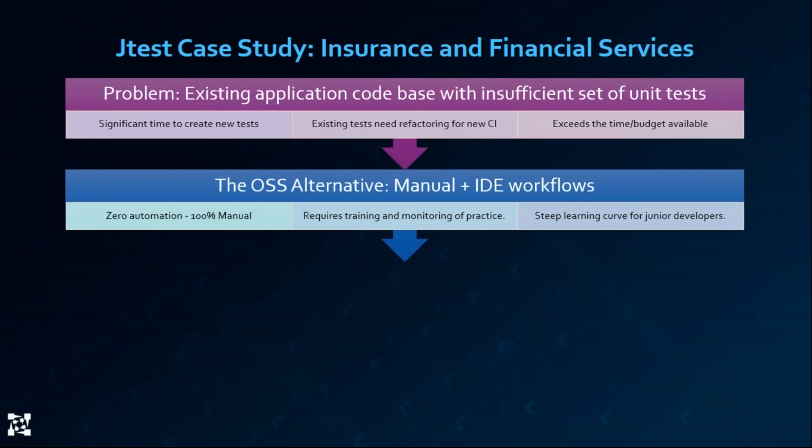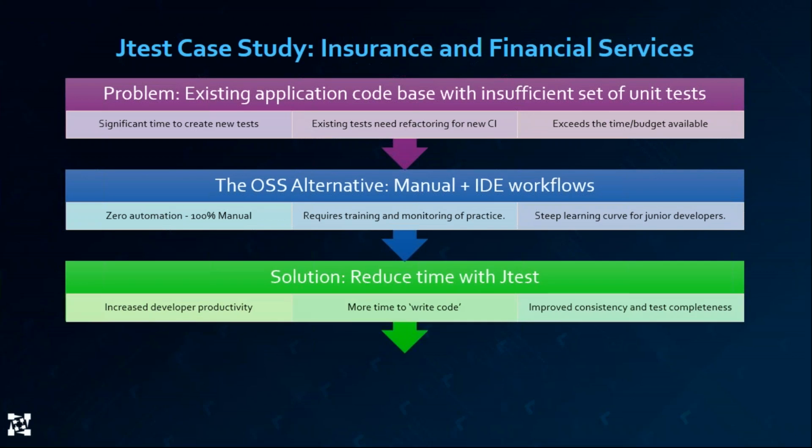The problem here was there was zero automation, and they needed to scale the team very quickly to achieve this migration strategy, which meant they were bringing in junior developers as well as developers that were not used to the code base. So there was a steep learning curve, and the practice of unit testing was going to have a lot of mentoring and monitoring.